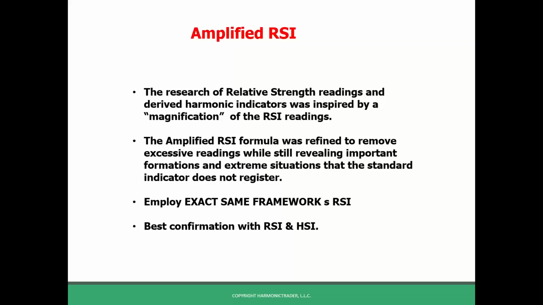The other benefit of amplified RSI is since we're going to get more readings, we're going to be able to see the complex formations more clearly, where we might not get a full extreme test in standard RSI, we will in amplified. And we'll understand what type of reading it is. So that gives us a little more indication of what to expect.